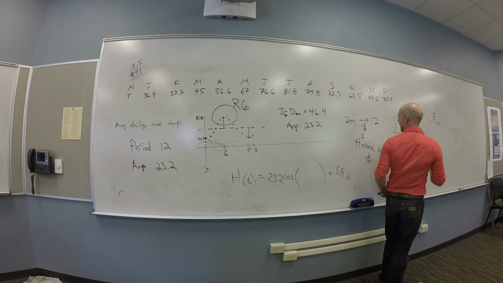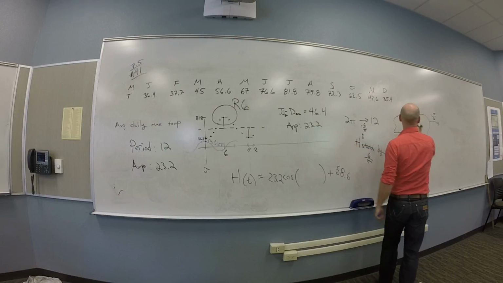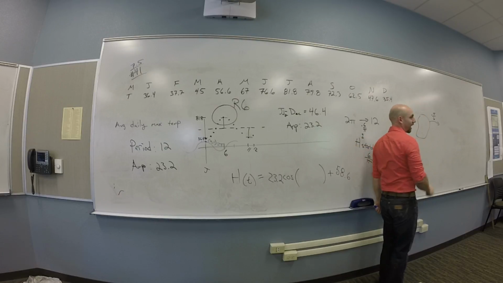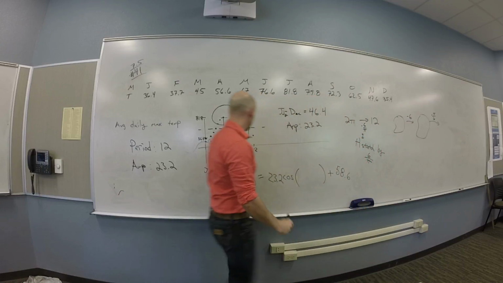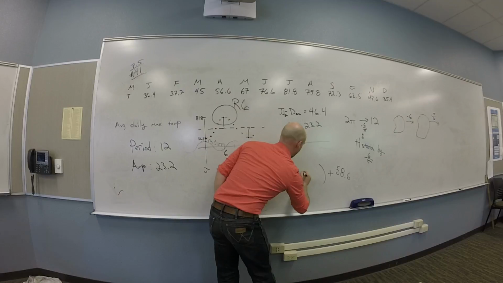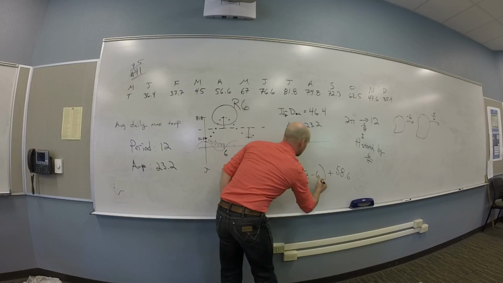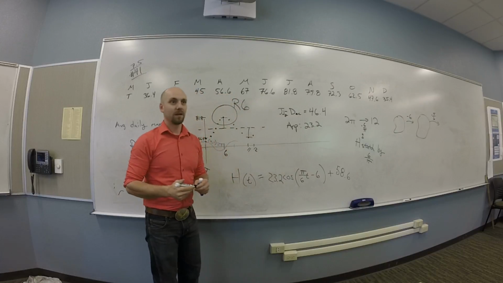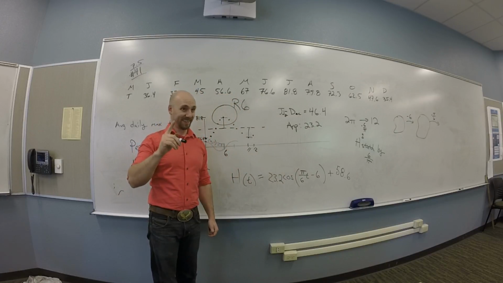And then this dude here needs a right shift, so I need to subtract 6 there. So I think in here I got t minus 6, pi over 6 t minus 6. And then I should check.